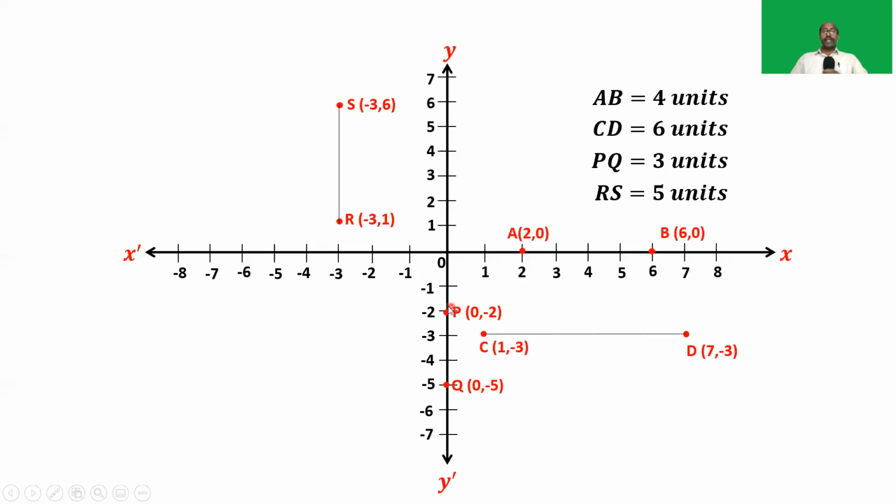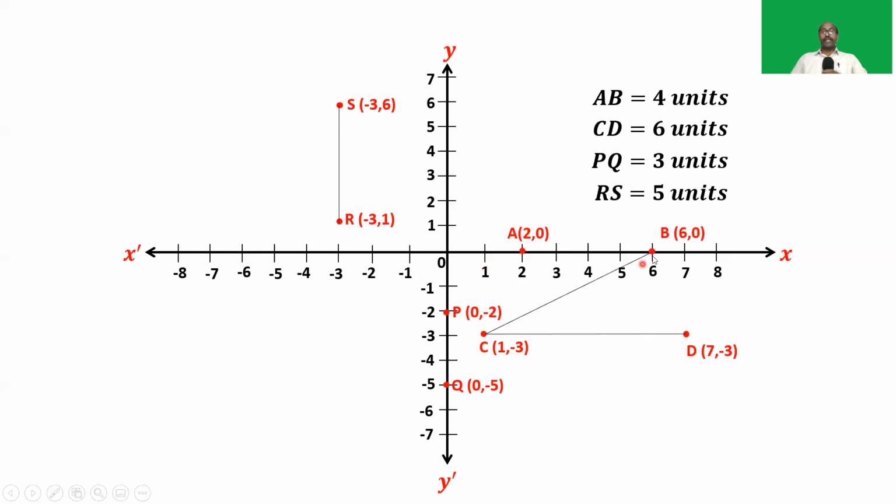So here we can say that the length of any line segment lies on y-axis or parallel to y-axis is the difference of y coordinates in those 2 points. Okay.